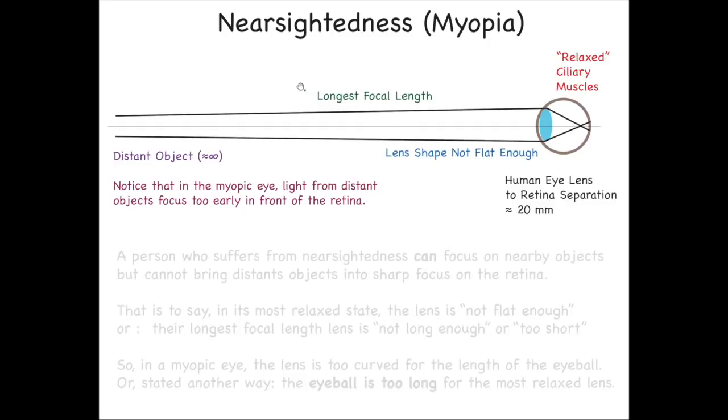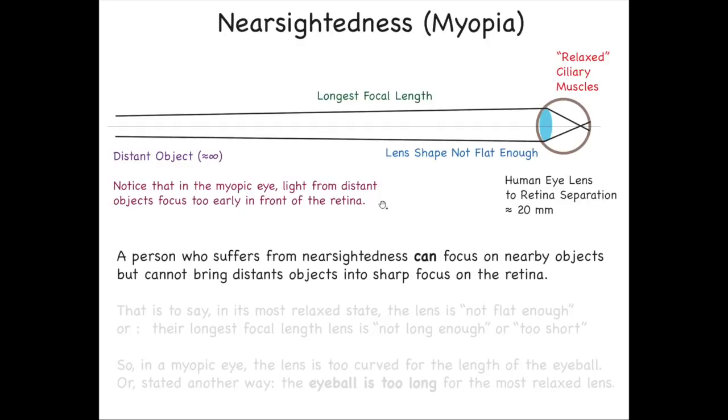What's happening here is you've already relaxed the eye as much as you can. This is the longest focal length lens that your eye is able to produce, but that lens is not quite flat enough. A person who suffers from nearsightedness can focus on nearby objects, but cannot bring distant objects into a sharp focus on the retina.